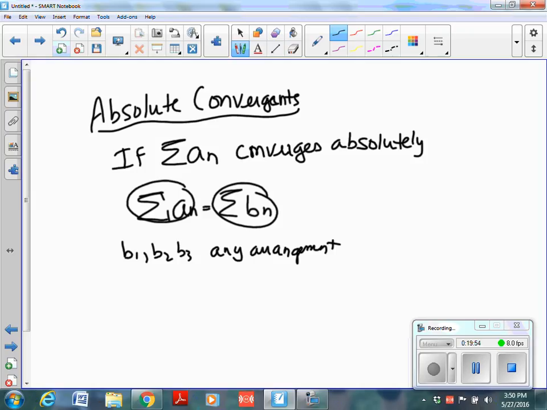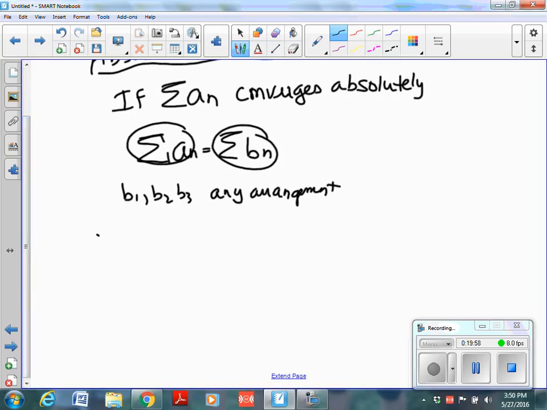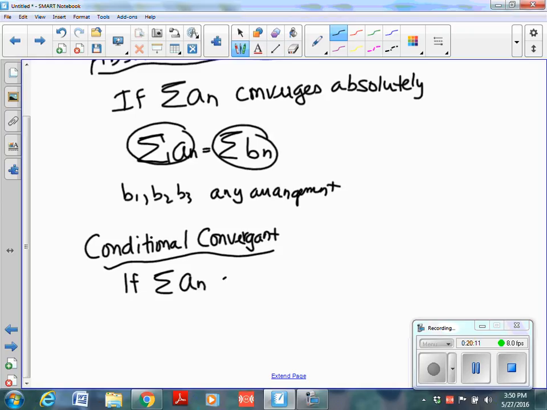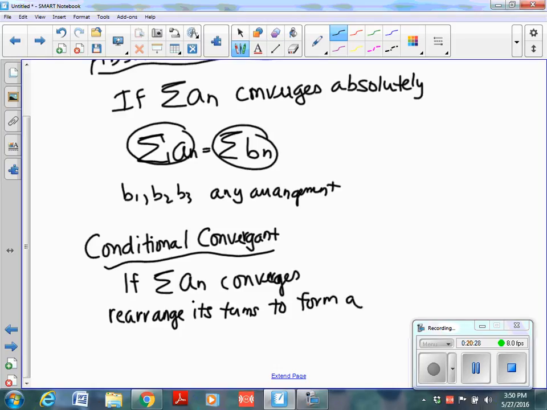Oh, here's a weird one. Conditional convergence. If some series converges, you can rearrange its terms to form a divergent series.